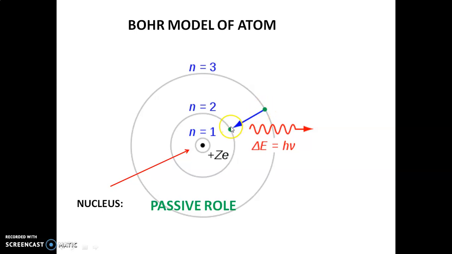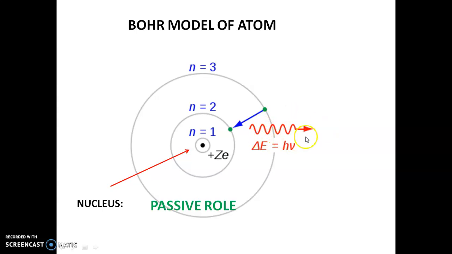It may jump up, or it may collide and then go to a lower orbit. So the motion of these electrons can be controlled, can be changed, by applying energy from another source to the atom.